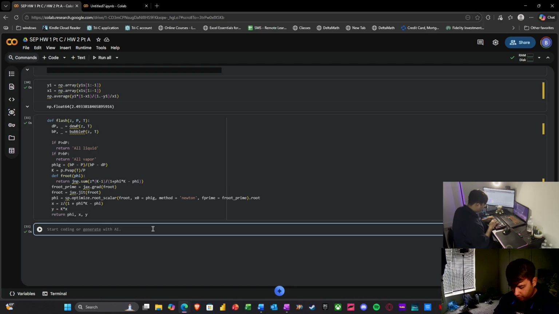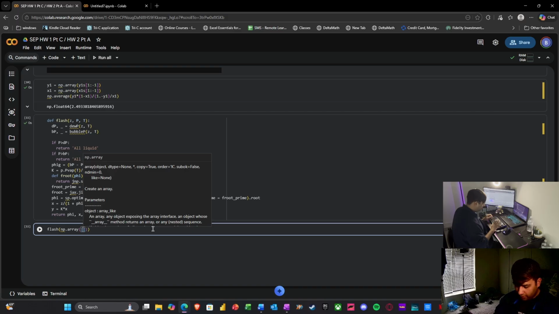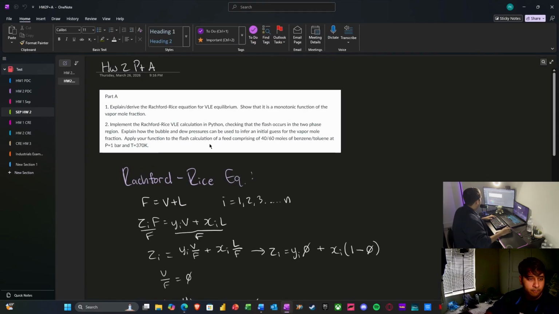Alright, now we can get on to our flash calculation, which will give us our guesses. So we have our flash function, and then our ratio, which was given in the problem statement, of a feed comprising 40 by 60 moles of benzene and toluene.